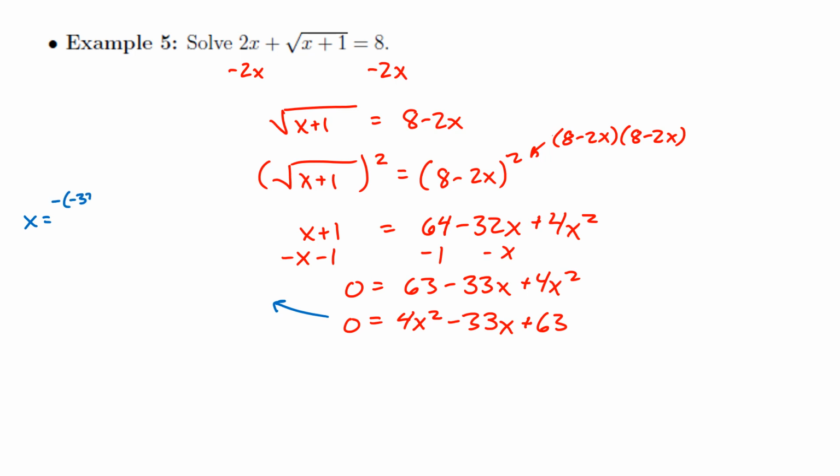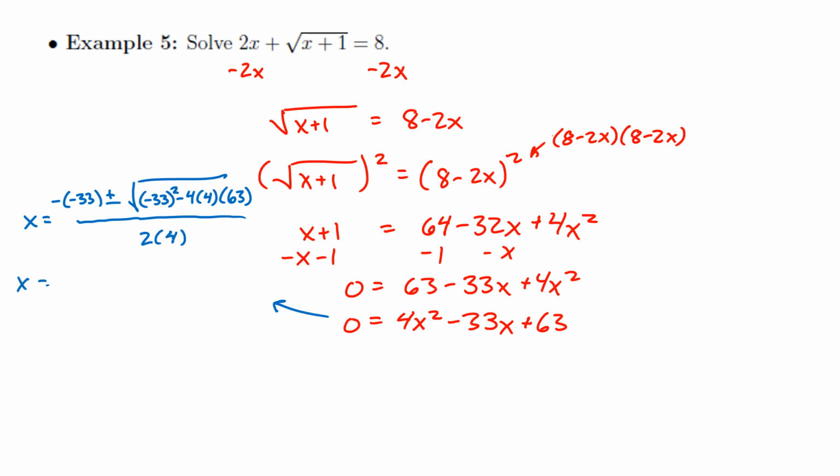So to say x is the opposite of -33 plus or minus the square root of -33 squared minus 4 times a, which is 4, times c, which is 63, all over 2a, 2 times 4.